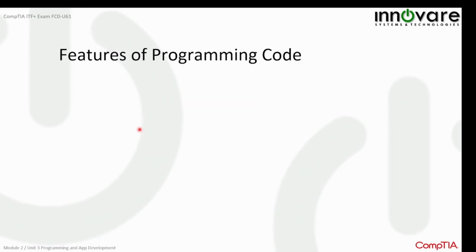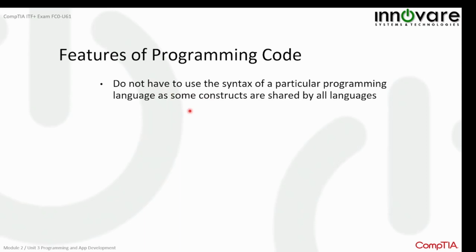And then what are the features of programming code? There is syntax. Not command lines, it doesn't use that. There are constructs instead for a particular language. And then subroutines.